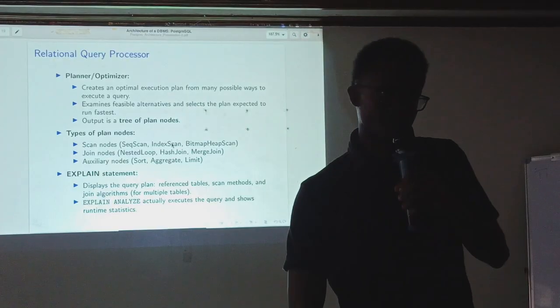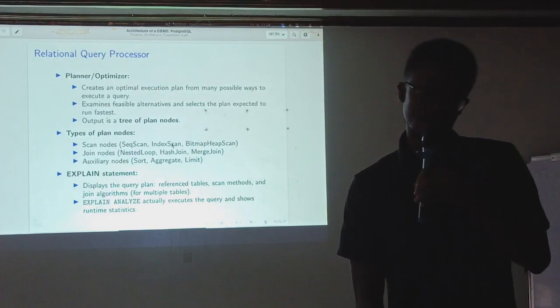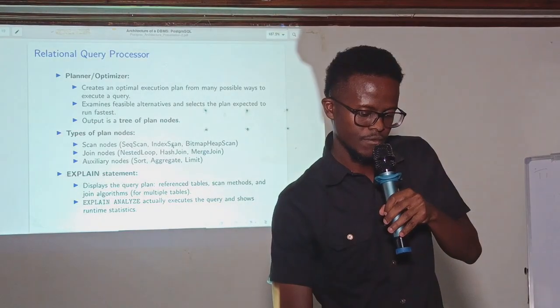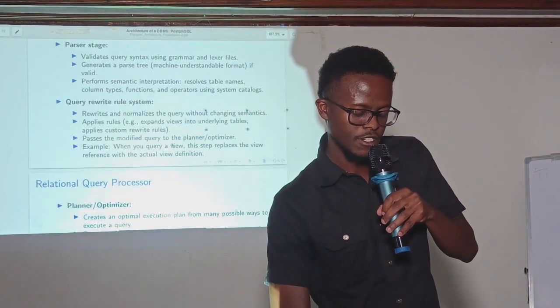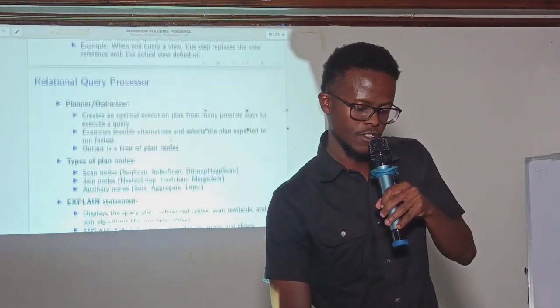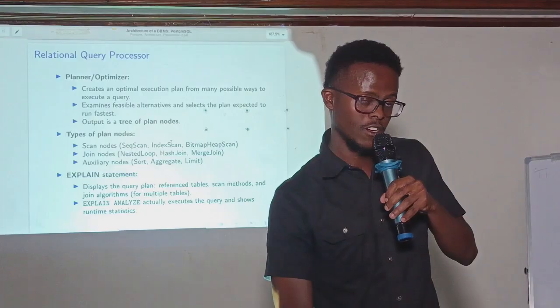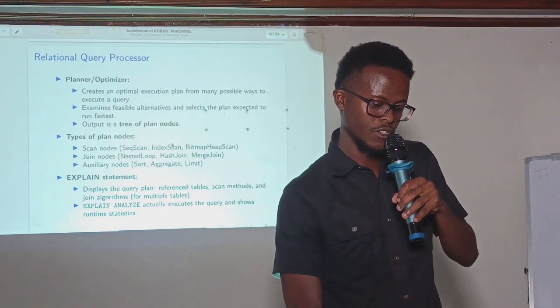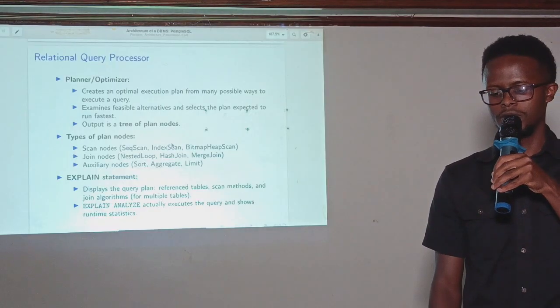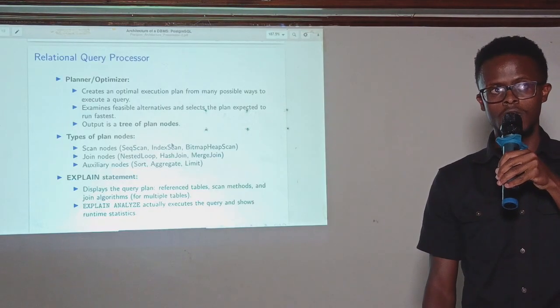After rewriting the rule, it still has the same semantic meaning. The next step is the planner or optimizer stage. For every query, you might have several execution plans.